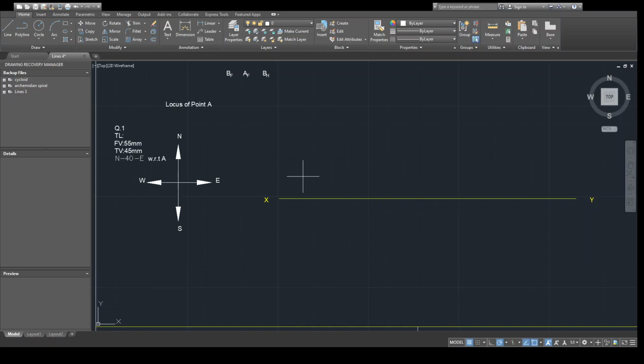First of all, we will take any point above the XY line somewhere here, and we would draw a 55 mm line. But we cannot draw the 55 mm line because we don't know the front view inclination.